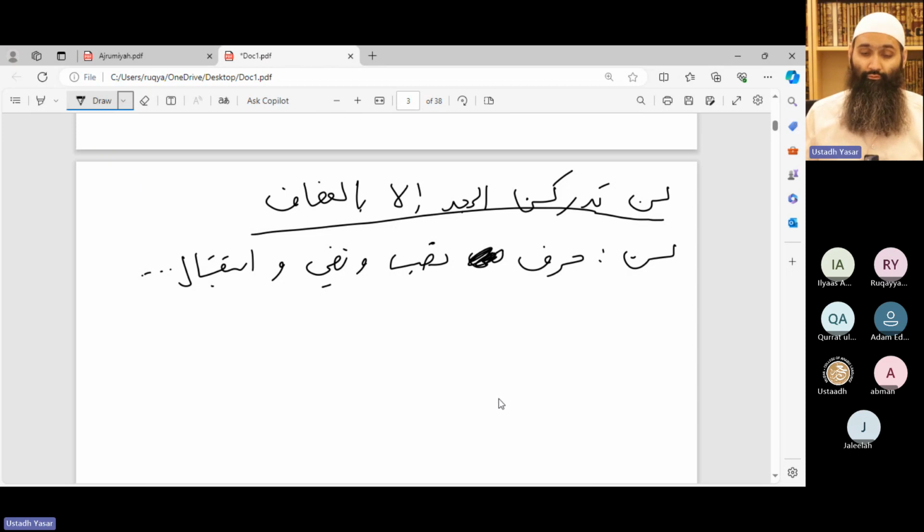It's mabni ala sukun. Harfu nasbin wa nafyin wa istiqbalin mabni ala sukun. La mahalla lahu min al-i'rab.